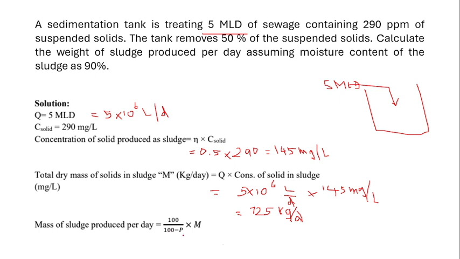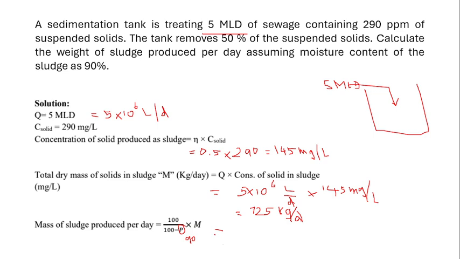Now we know the percentage of moisture content, which is 90%. 100 divided by (100 minus 90), which is 10. So we know the total mass, which is 725. 100 divided by 10 is again 10.